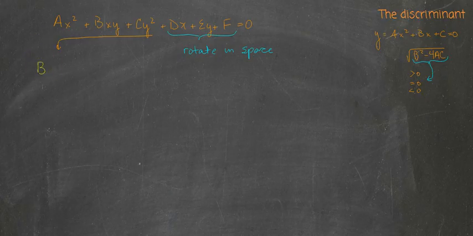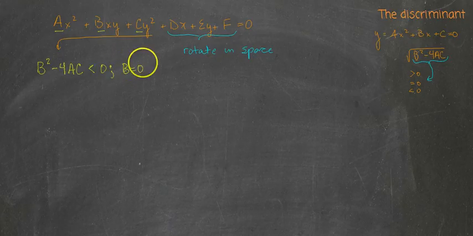So if I calculate b squared minus 4 times a times c using a, b, and c, and if I get that this is less than 0, specifically b equals 0 and a and c are equal to each other, then this tells me that I'm looking at a circle.